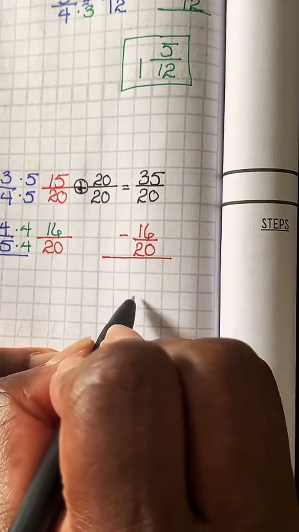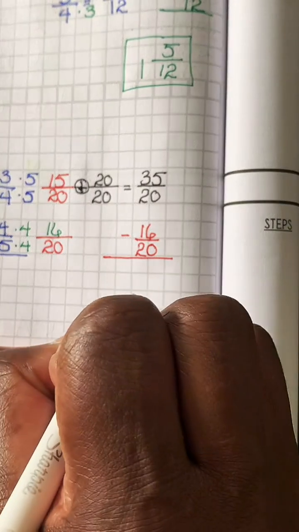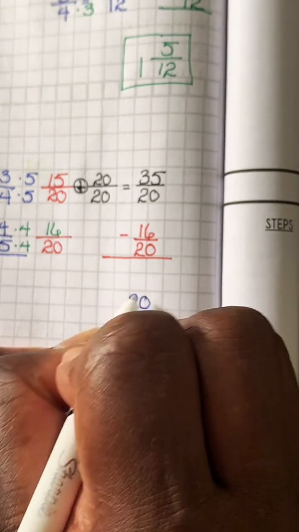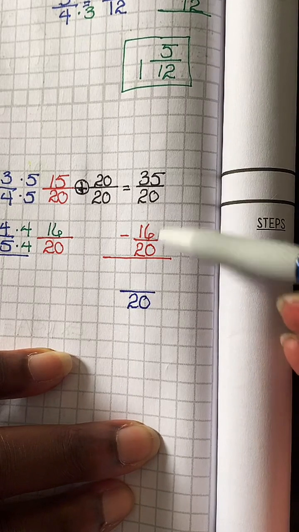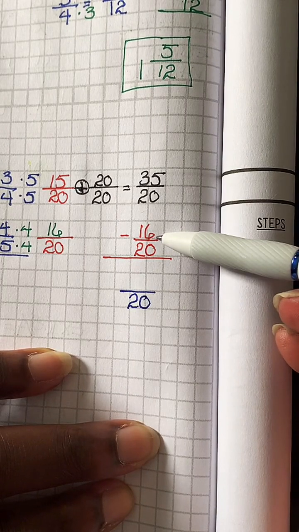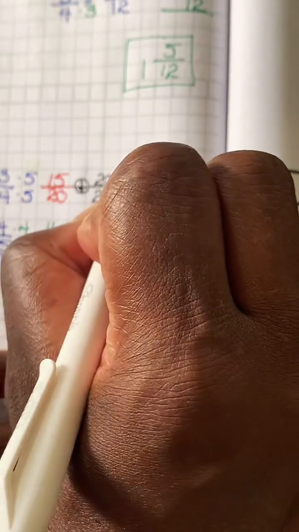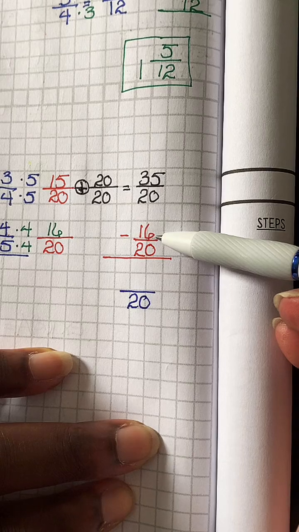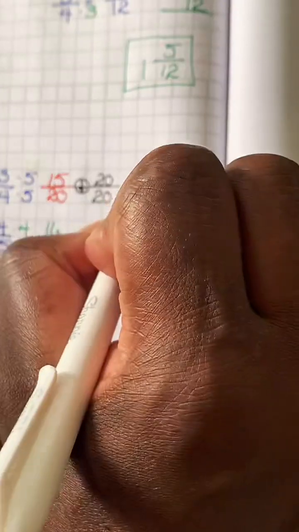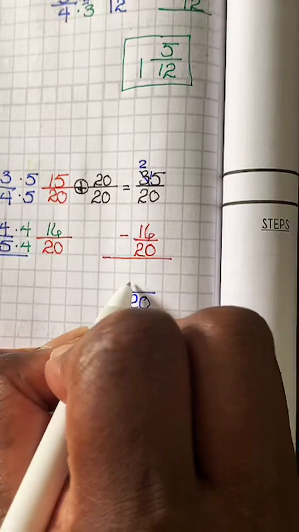We're going to keep that denominator, which is 20, but we're going to subtract the 35 and the 16. Yes, so if we borrow here, this is a 2, this will be a 15. So we got ourselves a 19.